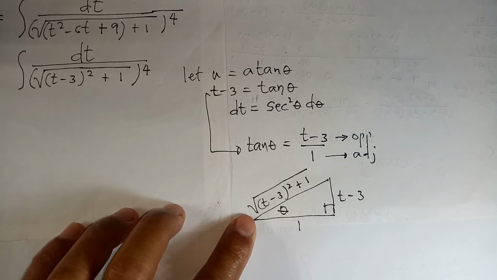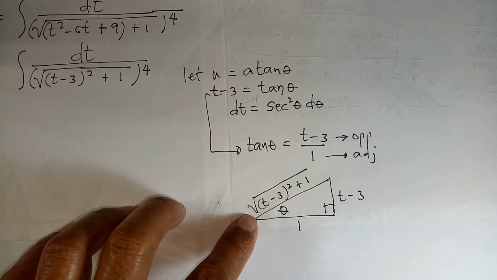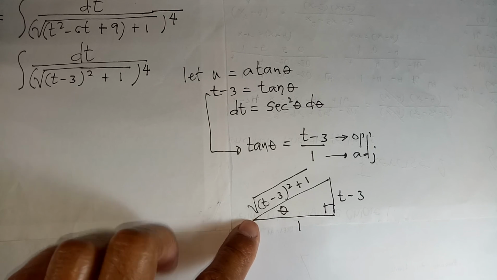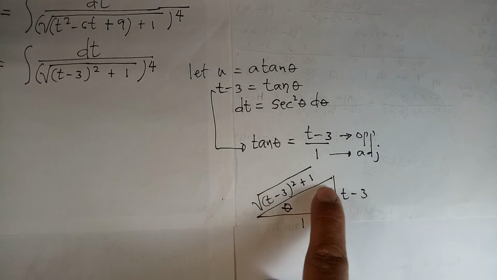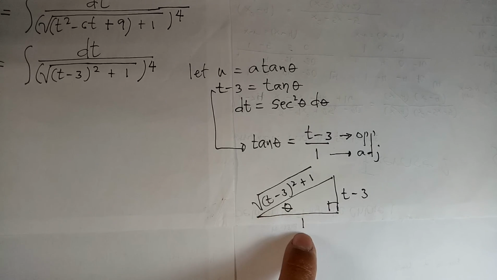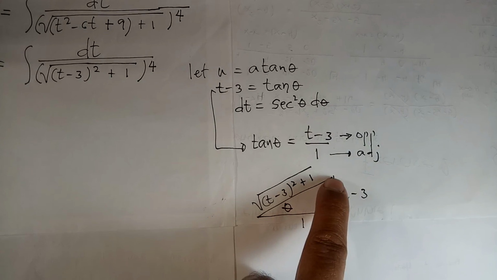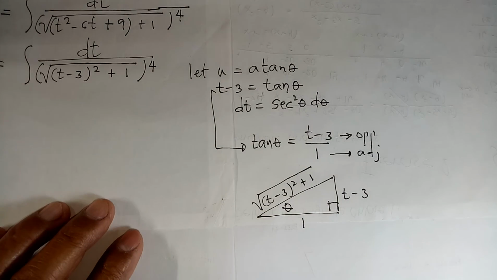So dito, ang gagawin natin, hahanapin natin yung equivalent ng square root of t minus 3 squared plus 1 in trigonometric function. So, kinakailangan natin involve, syempre, yung hypotenuse at yung may side na constant na 1. So, hypotenuse, adjacent. So, that's secant of theta.